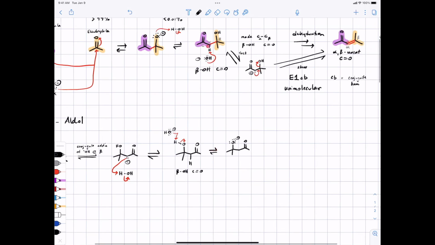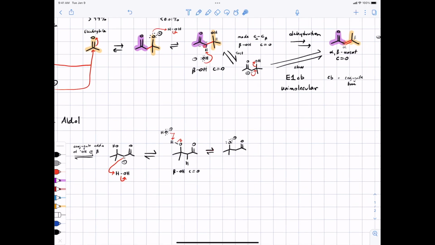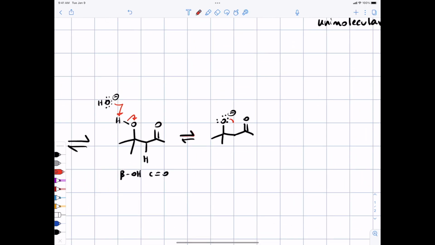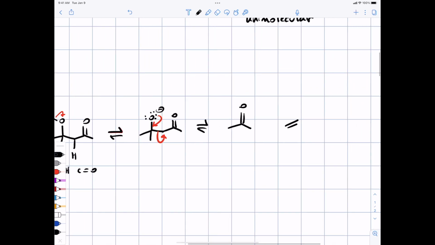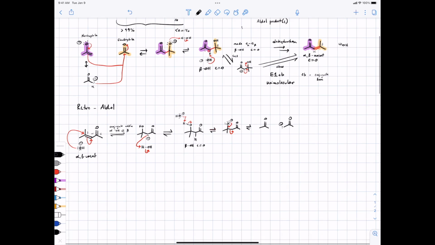Now to do the retroaldol, we simply need to do what I told you up here, which is negatively charged oxygen kicks electrons down and kicks the enolate off. And you can draw that enolate in either of the two resonance structures that we've used before for these things. So again, this portion was the electrophile, this portion was the enolate.